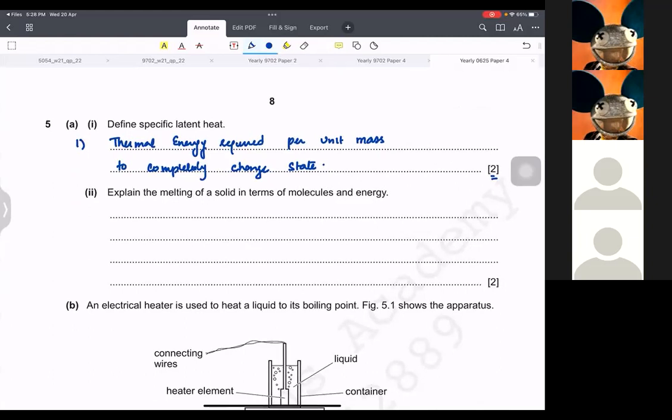Now it says explain melting of a solid in terms of molecules and energy.